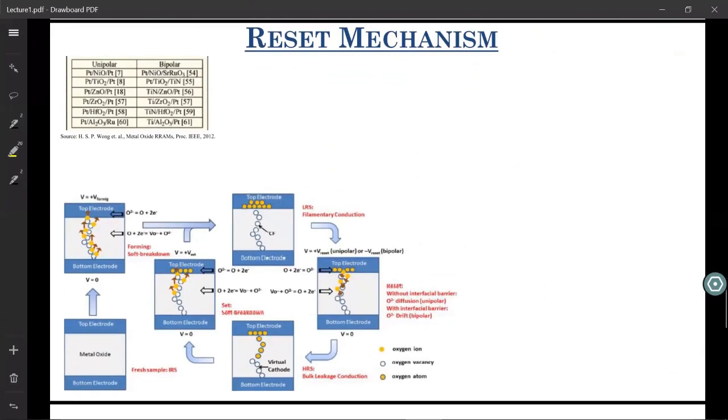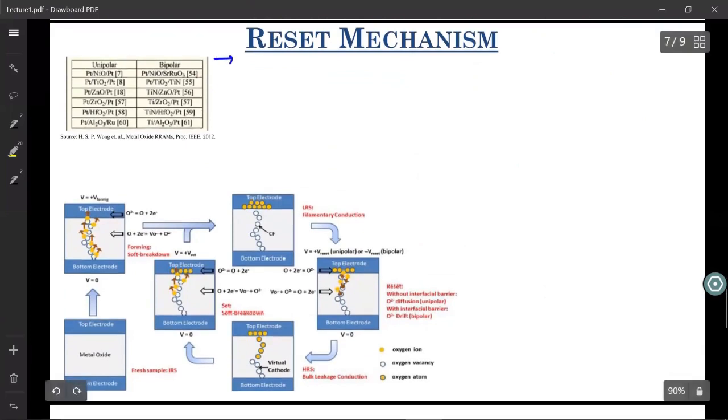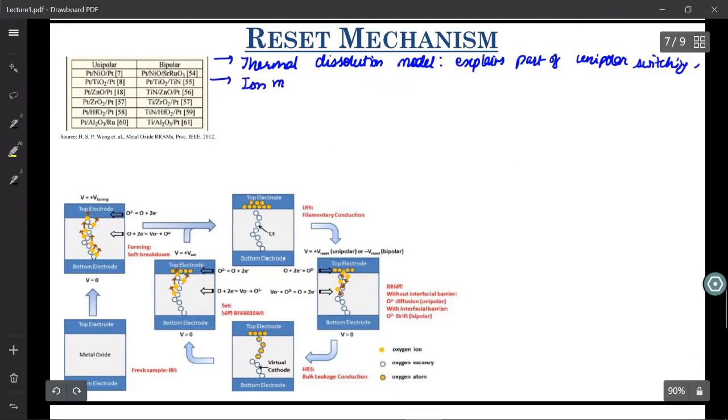So there are different theories which explain unipolar or bipolar switching. There is one theory which is called the thermal dissolution model, which explains part of your unipolar switching. Then there is the oxygen ion migration model.